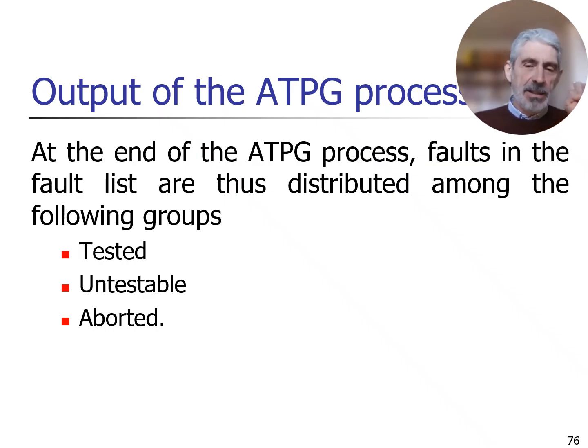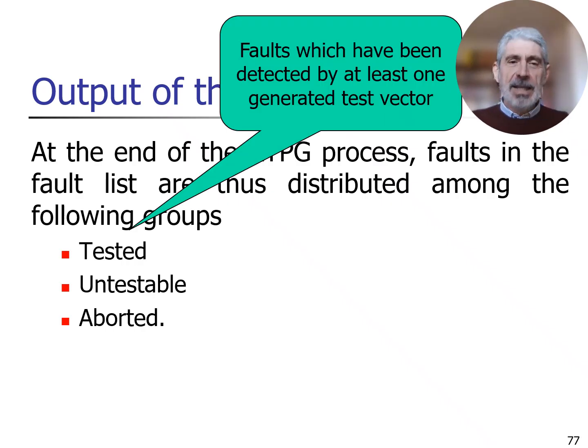Now, at the end of the ATPG process, commercial tools typically label faults in 3 categories. Clearly there is the most important category, which is the one of faults which have been tested, for which at least one test vector has been generated. Then there is another category.